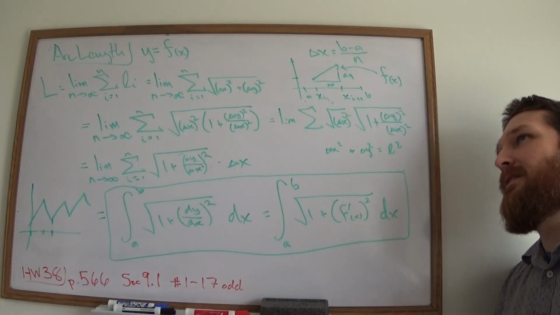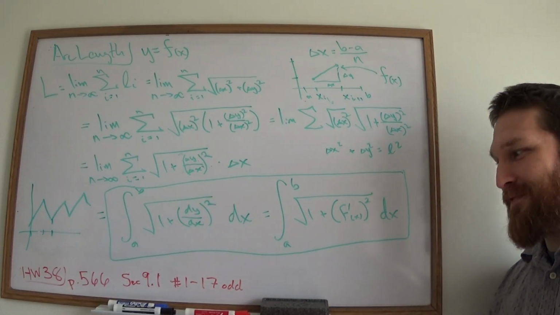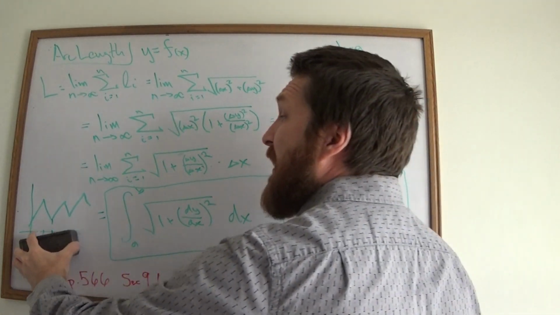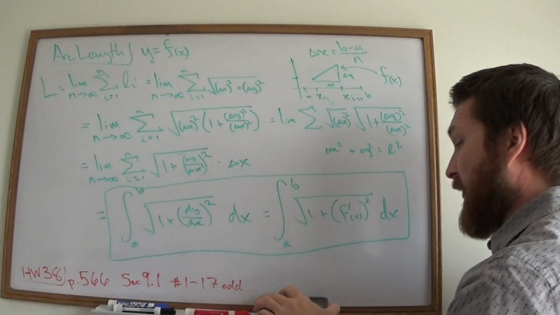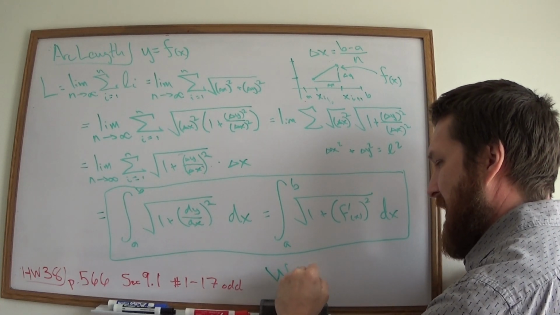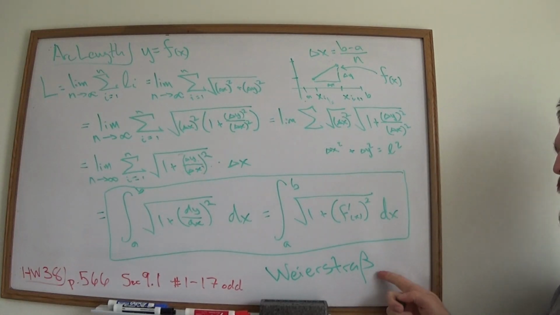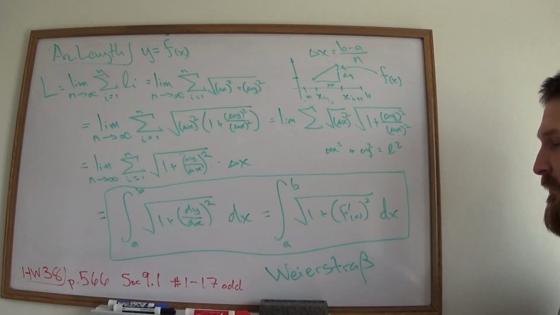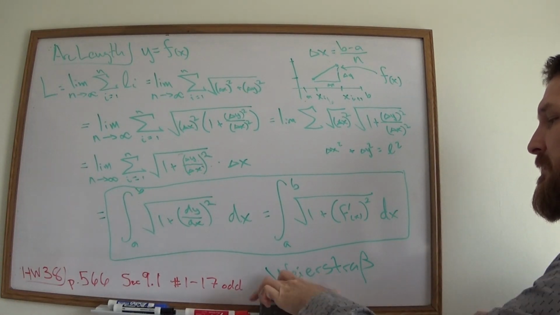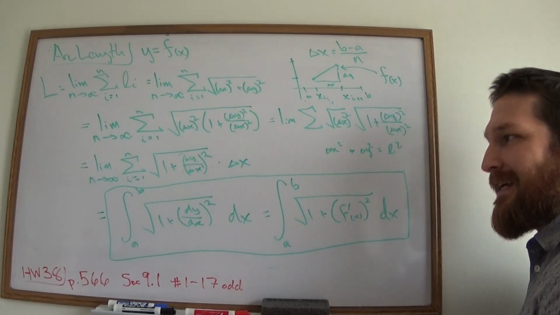Unless it's not differentiable at infinitely many points, which, have fun with those functions. Something like the Weierstrass function, if you want to look into that. Weierstrass, that's two S's, by the way. The Weierstrass function is famously not differentiable anywhere because it's infinitely jagged.